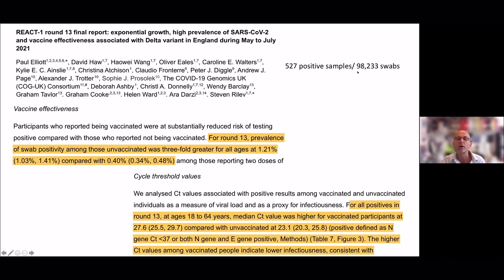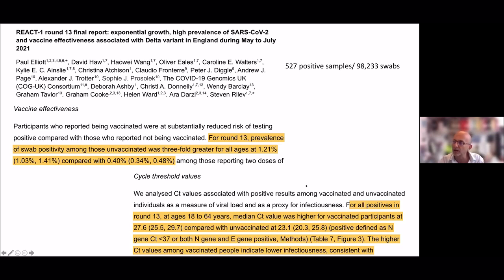And of course, you have a high vaccination rate among these individuals, but the prevalence of positivity among those unvaccinated was threefold greater than those who were vaccinated. So there is a vaccine effectiveness in the real world, and about a threefold, fourfold decrease when you are vaccinated.